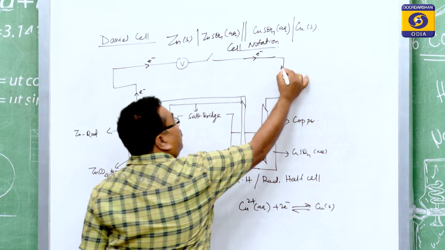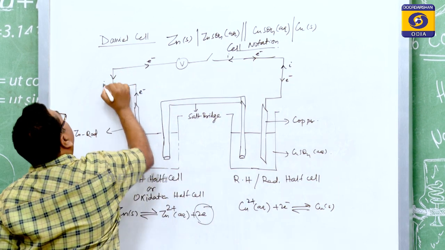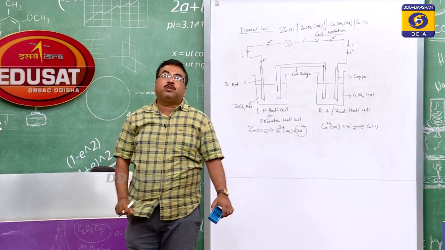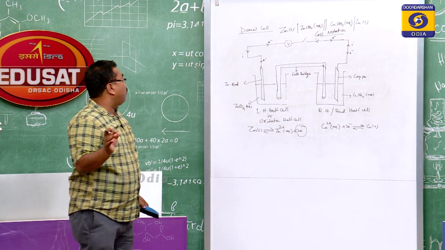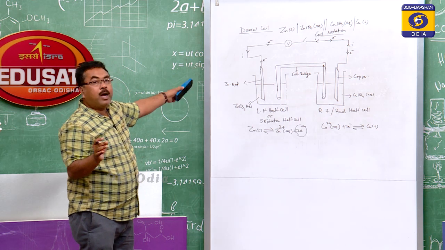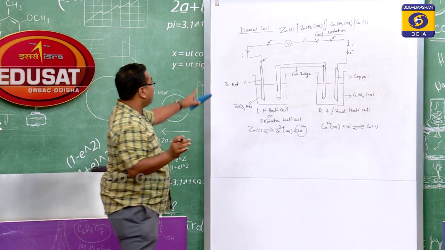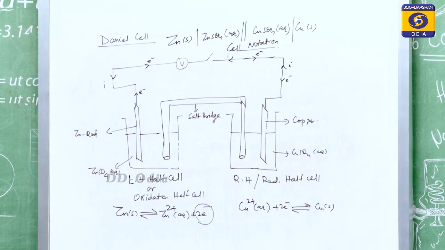So, this is the motion of current, this is I. Many times the question is asked, what is the direction of flow of electrons and current in a galvanic cell? In a galvanic cell, the current flows from cathode to anode, while electrons flow from anode to cathode in the external circuit, that means in this way, in that way. So, this is how it performs.